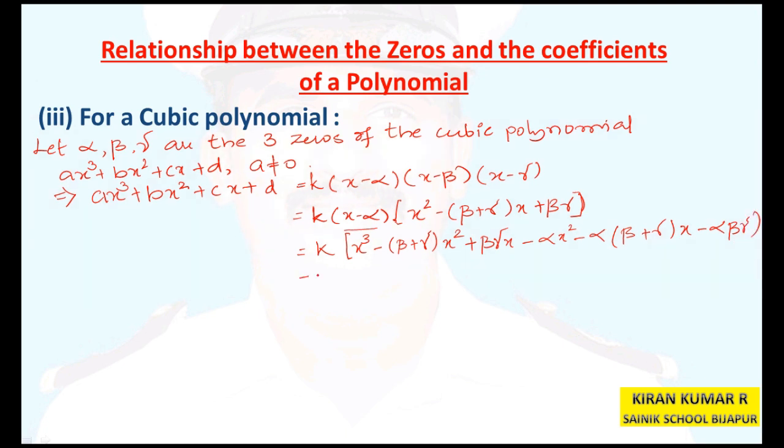Further, it is k times x cube minus, if x square is taken common, alpha plus beta plus gamma times x square, plus, if x is taken common, alpha beta plus beta gamma plus gamma alpha times x, minus alpha beta gamma.